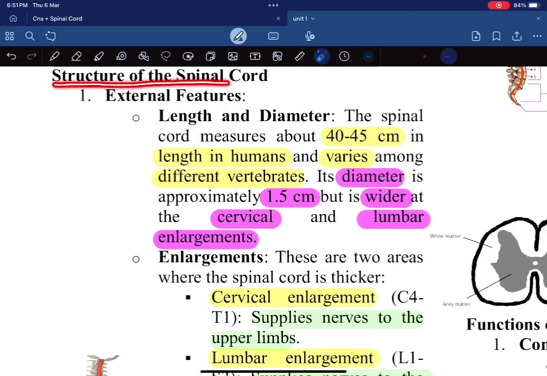Structure of spinal cord. First, external features: length and diameter. The spinal cord measures about 40 to 45 cm in length in humans and varies among the different vertebrates. Its diameter is approximately 1.5 cm, but it is wider at the cervical and lumbar enlargements.